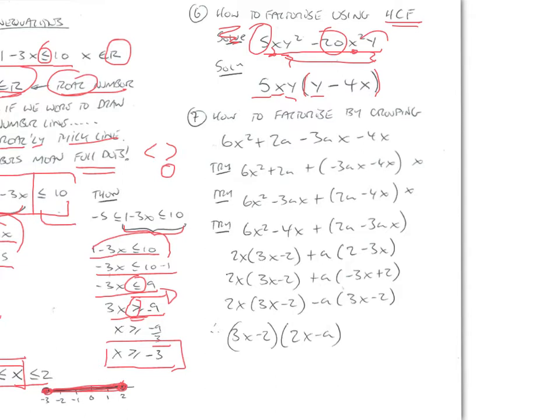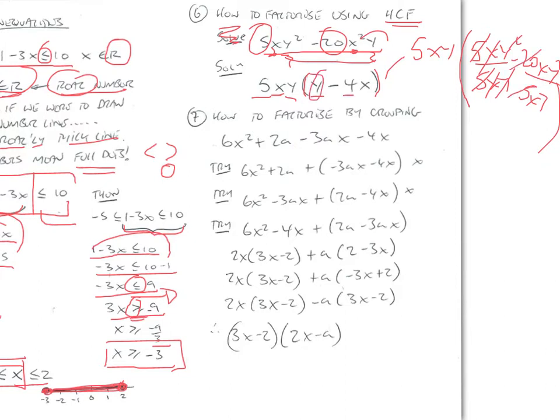If you recall, the longer version of doing that would be 5xy squared over 5xy minus 20x squared y over 5xy. That means this cancels, this cancels, and that goes once. So we end up with y, and 5 goes into 20 four times.